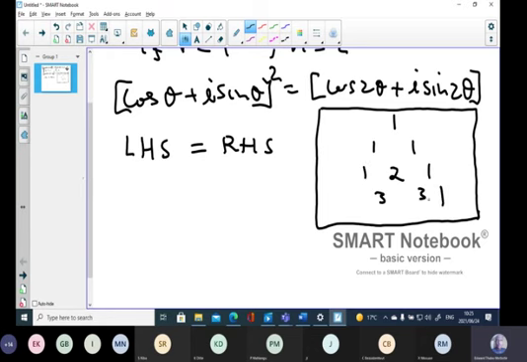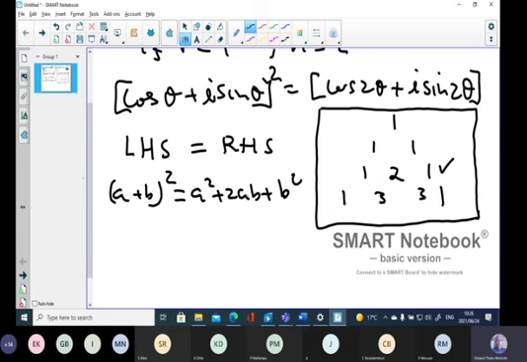So these are actually the coefficients. Basically, if we have a plus b squared, this will be equal to a squared plus 2ab plus b squared. These are the coefficients of a and b here.